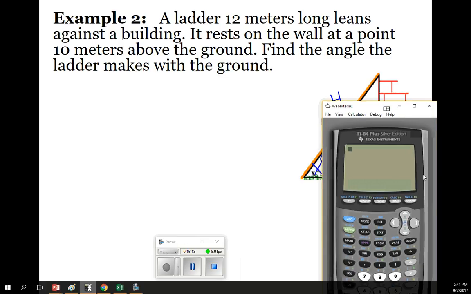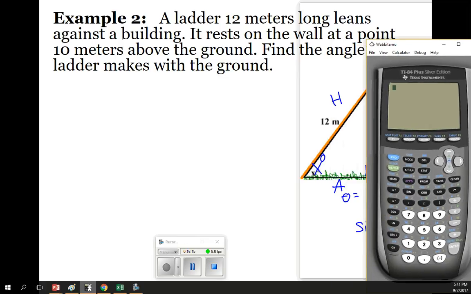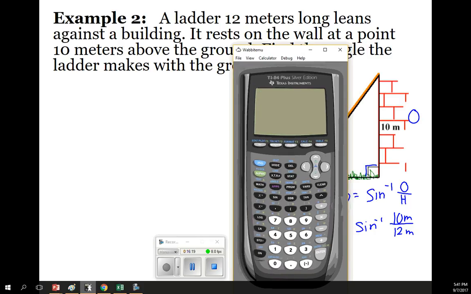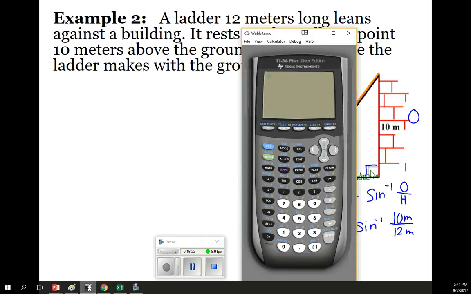And remember, our calculator must be in degrees mode. So I'm going to go to the second button and push my sine. And I don't have to do any parentheses stuff because it does it for me. I just put it in like I see it.